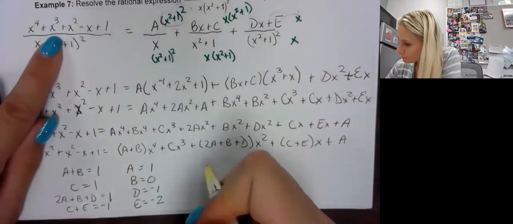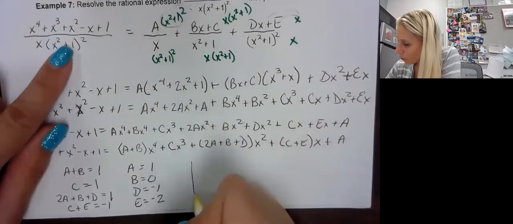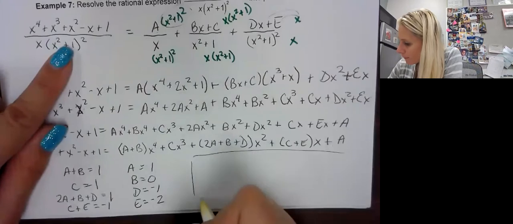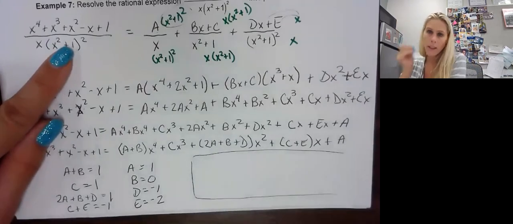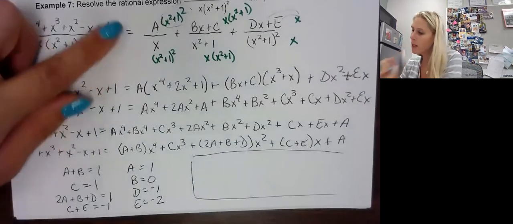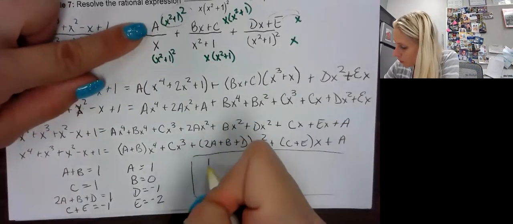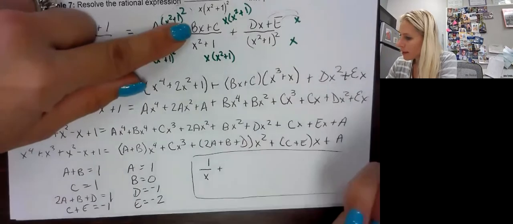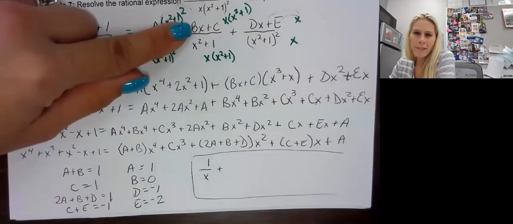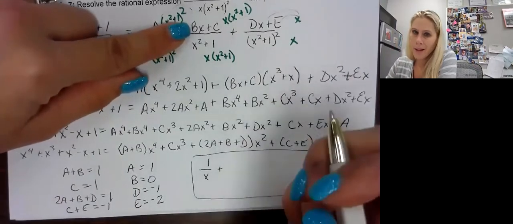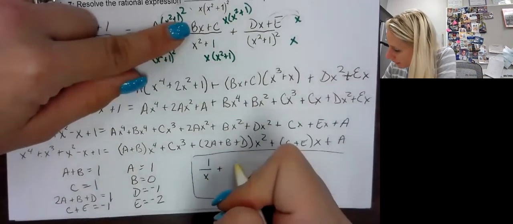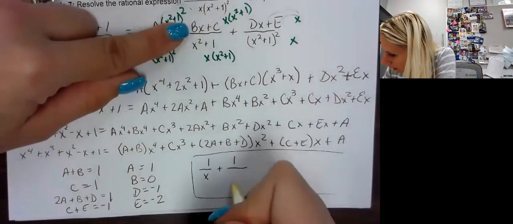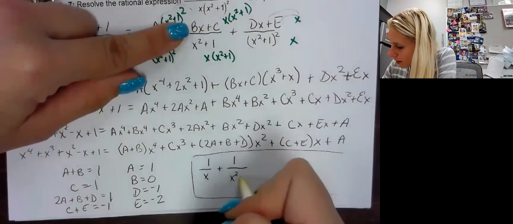All right, so when we write that, the good thing is that we just need to plug in these numbers, okay? So what this equals, and just to save me some room, guys, I'm not going to write the question itself out this time. A is what value? A is 1, and that's over x, plus B is 0. Now, do I have to say 0x? No. I can just say plus C, which is 1, all over x squared plus 1.